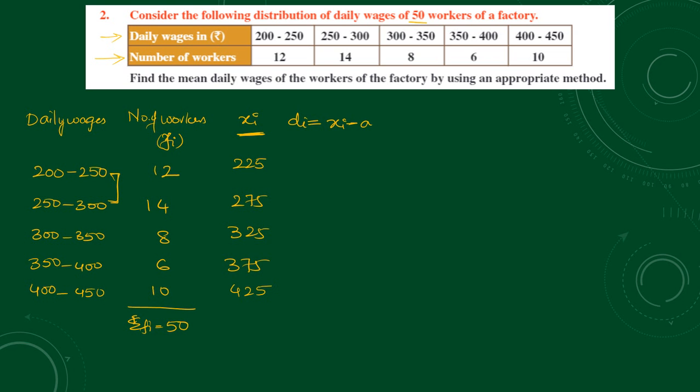So select any one of the values as A. For that I am going to consider this particular value, 325, as A. You can select 225 also, or 375, or 425. Whatever value you select, you will do the process and get the same answer.